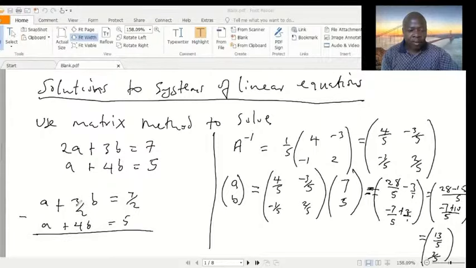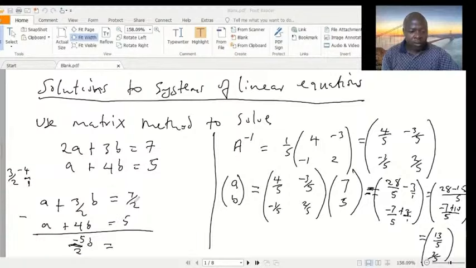And look at this. This is just 3 out of 2 minus 4 out of 1. So the LCM is 2. And what we have there is 3 minus 8, which should be negative 5 B out of 2.